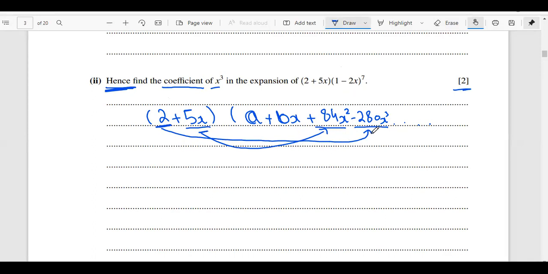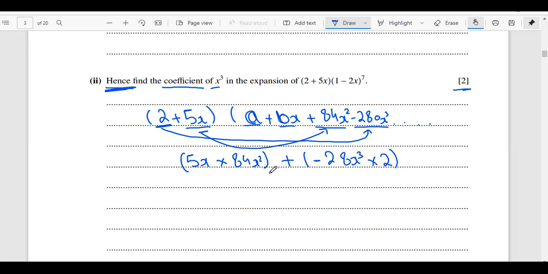Only these two products would give me x cubed. No other term is needed for that because they are not going to give me x cubed. Okay. So 5x into 84x squared plus minus 280x cubed into 2.